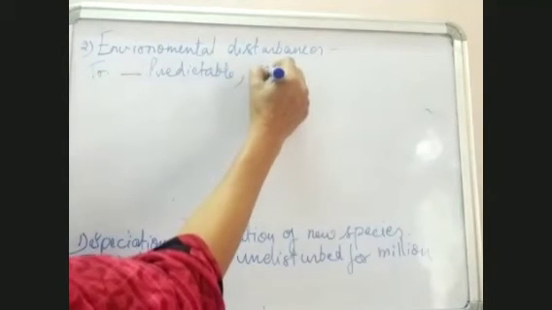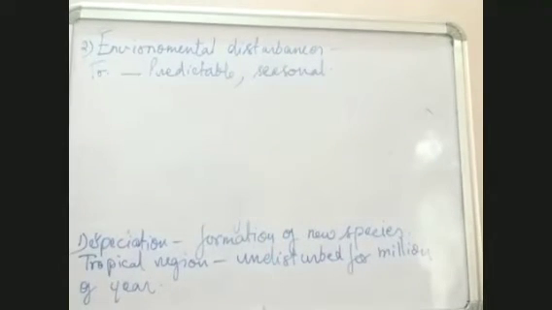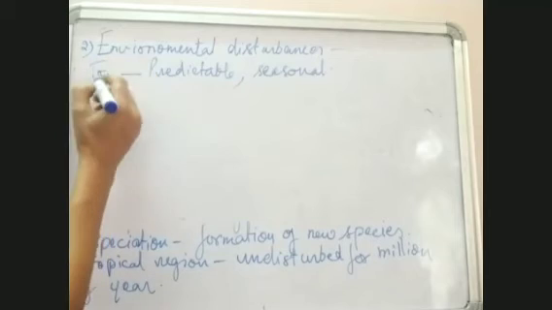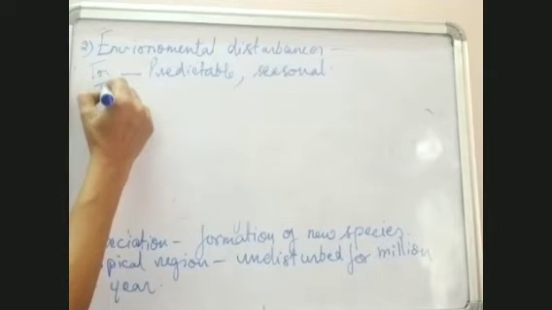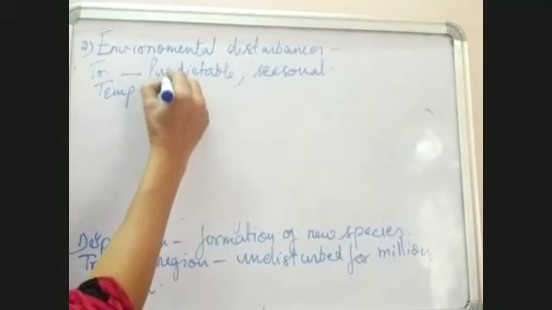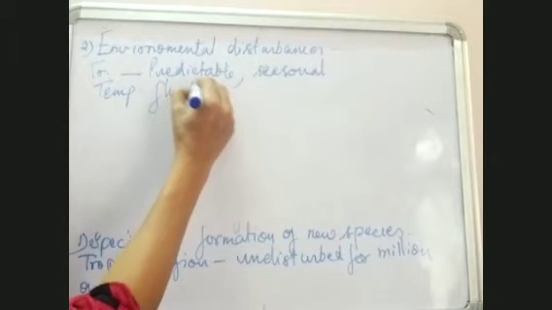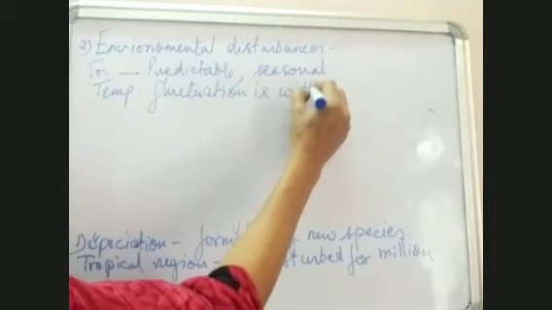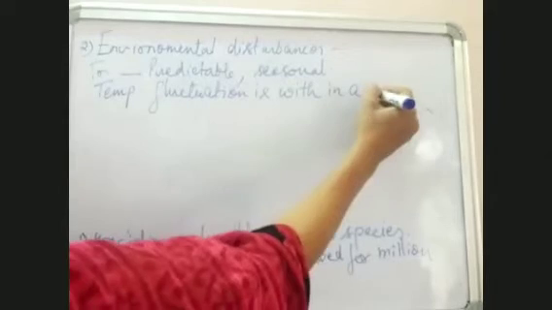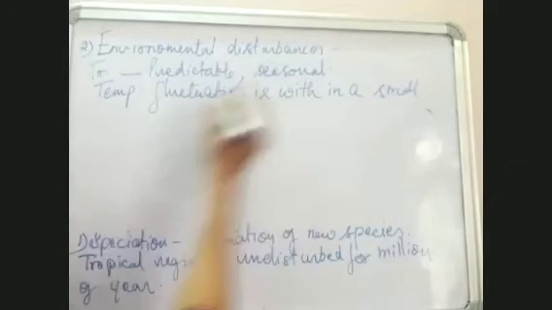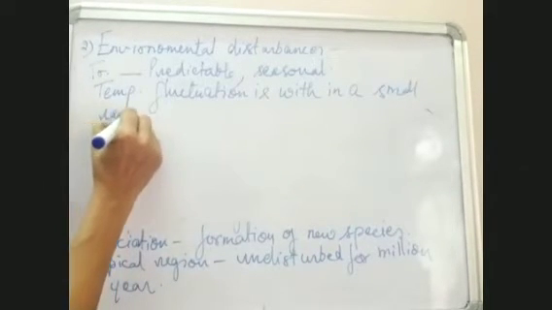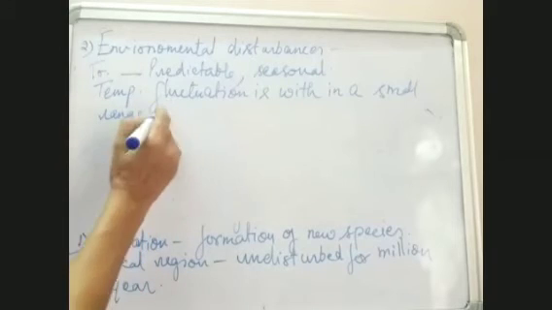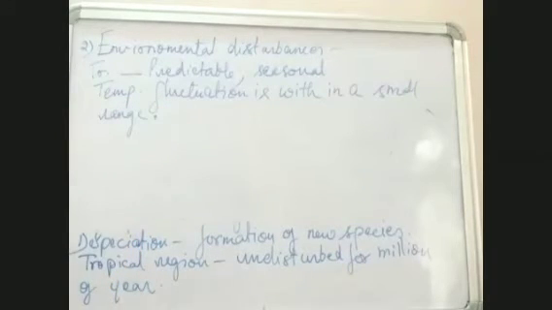There the variation of temperature is not much. The temperature fluctuation is within a small range. We cannot say very small, but within a small range. That means it's not that sometimes the temperature will be minus 51 or minus 70. It won't be like this.